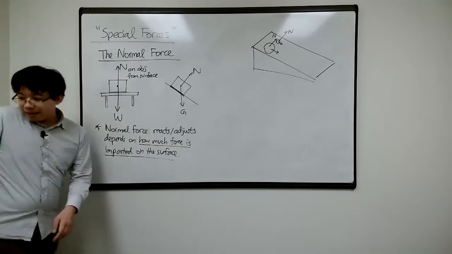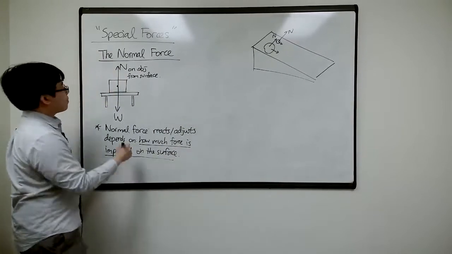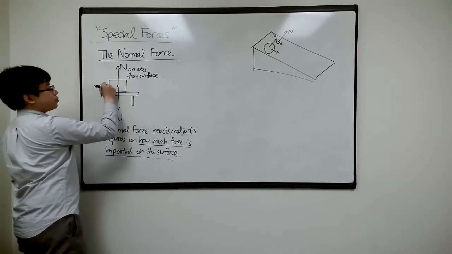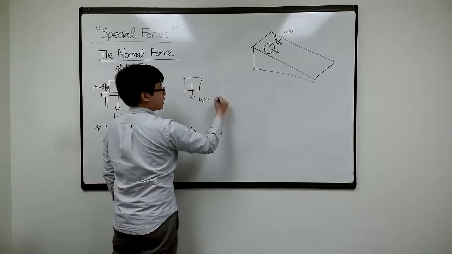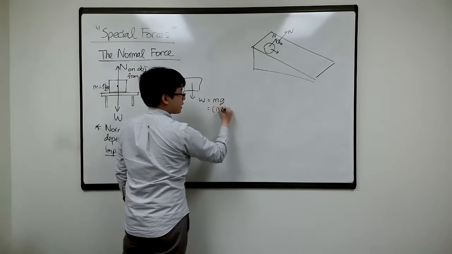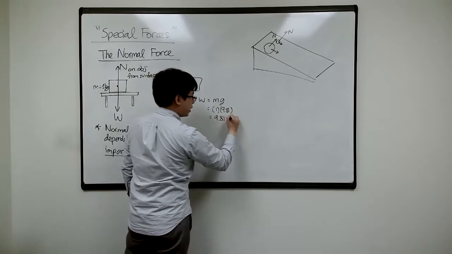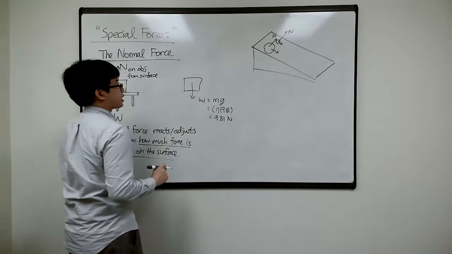Okay, so what do I mean? Let's say I have an object with a mass of 1 kilogram. What is the weight? Well, the weight is mg, so this is just 1 times 9.81. That's 9.81 newtons, or 9.8 if you want to round it to two significant figures.